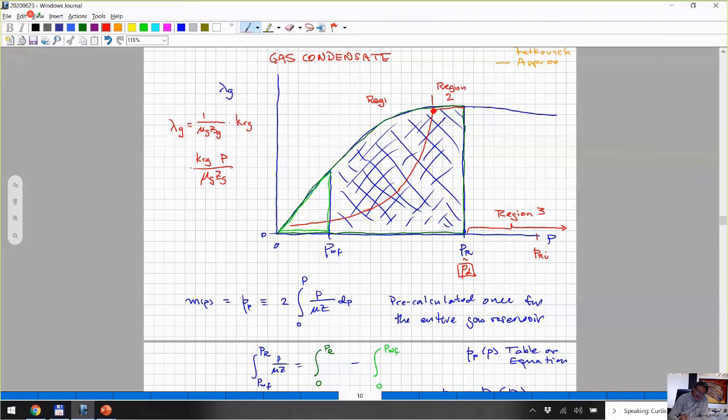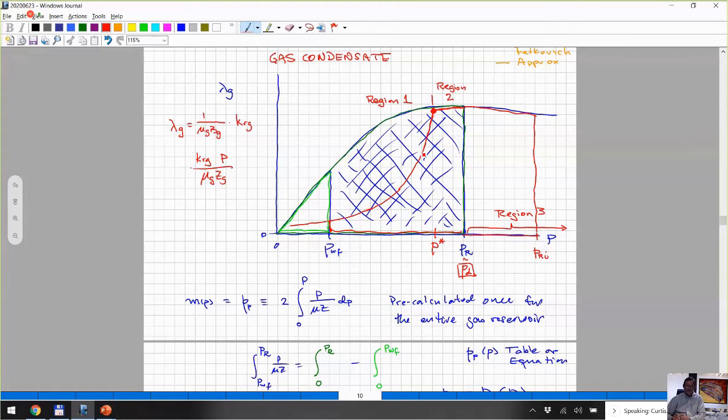Now this is region 1, at least at this particular time, because this here is P star. Okay? And now the area under the curve is this area here. It drops slightly here, and then follows this line here.